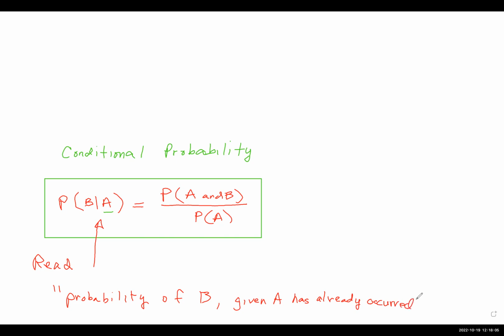And sometimes it's read shorthand. It's just the probability of B given A. You know, we like to shorten things in math because sometimes it's just a big mouthful to repeat over and over again.